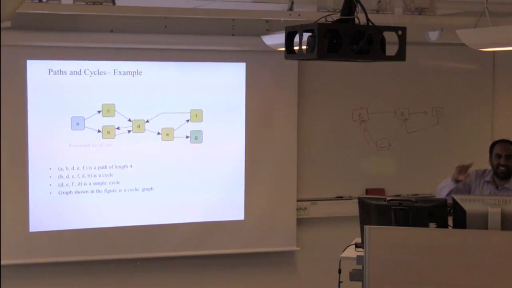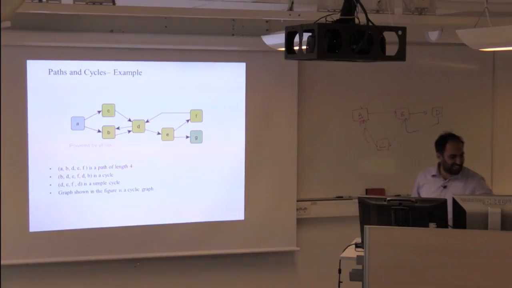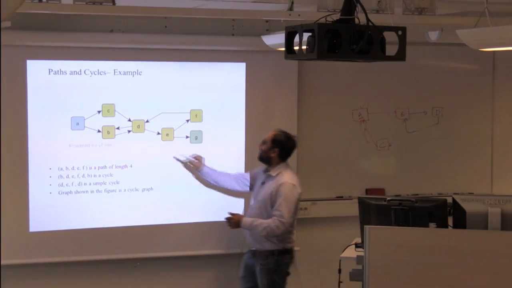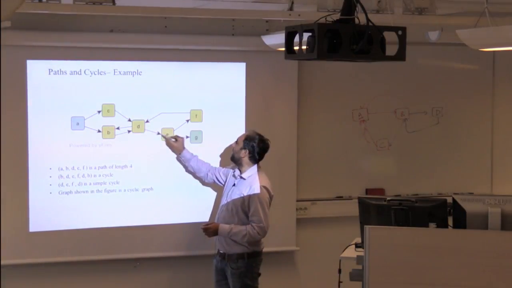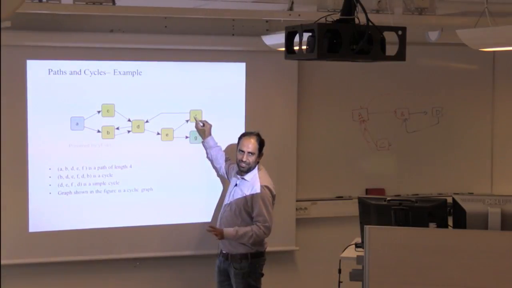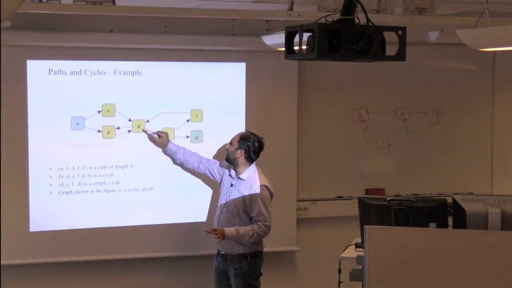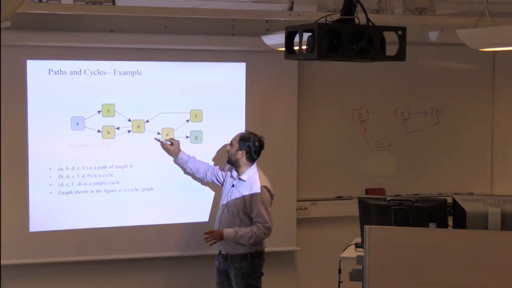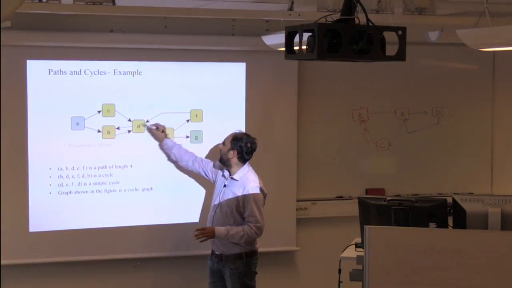Yeah, you can say D, E, F, but it's not ending at D. You have to say D, E, F, D. Otherwise, if you say D, E, F, it means you are starting from D, then E, and F, and then you stop. If you want to say a cycle, you have to name it completely: D, E, F, and D.